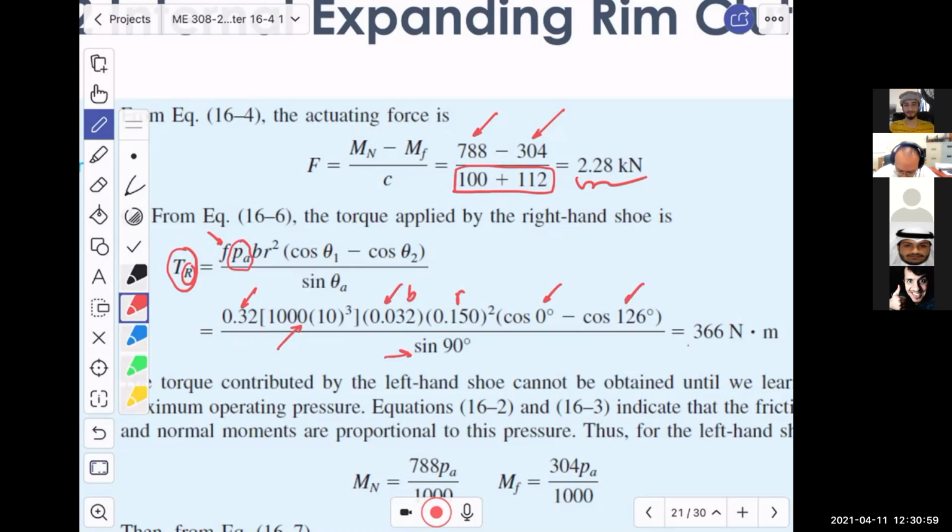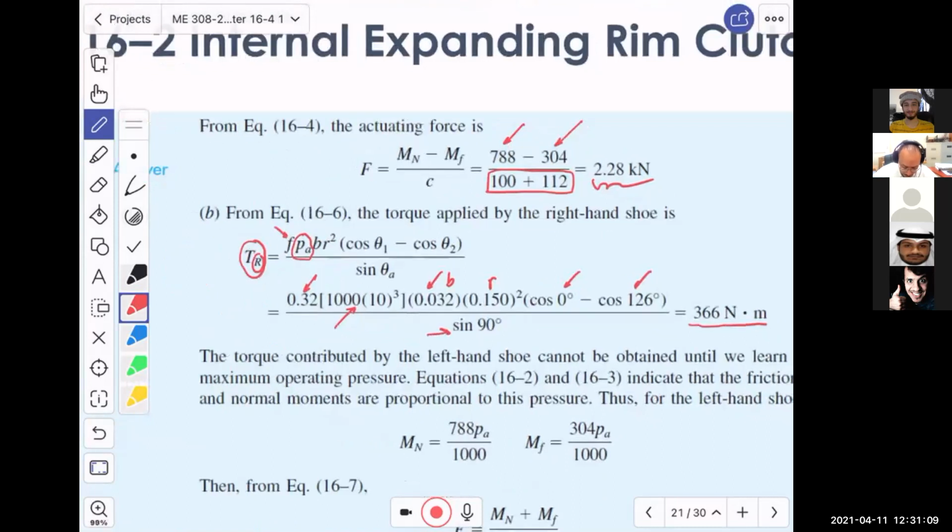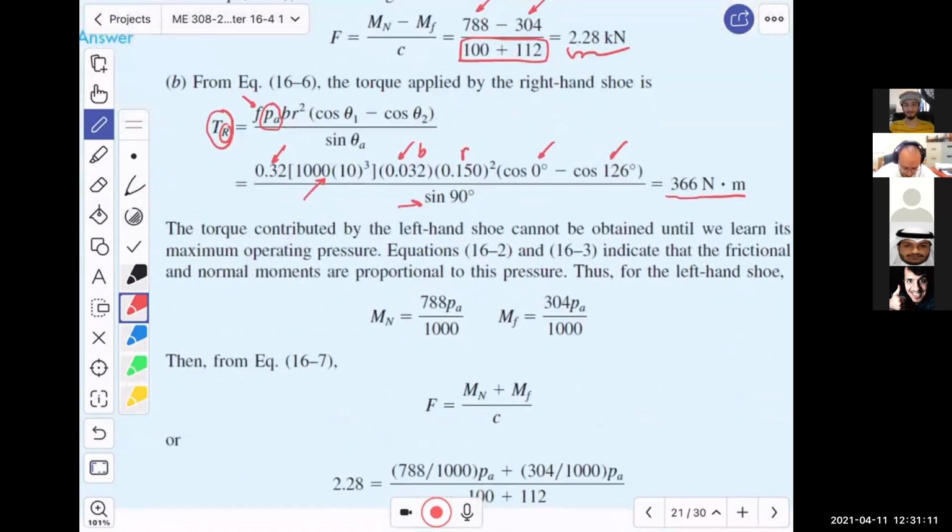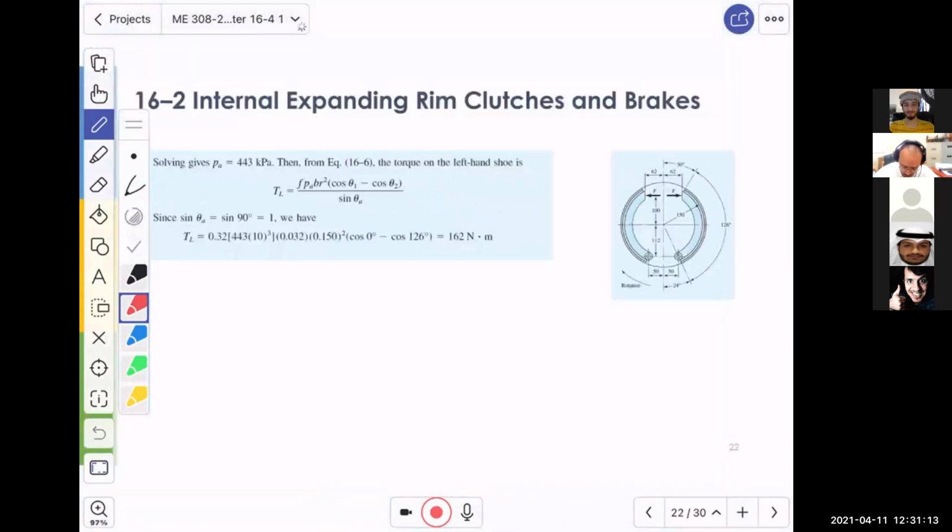So how much is this? 366 Newton meter. Is that good? Any question? None yet.